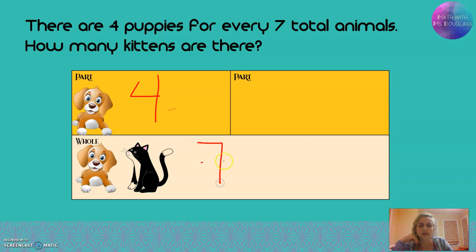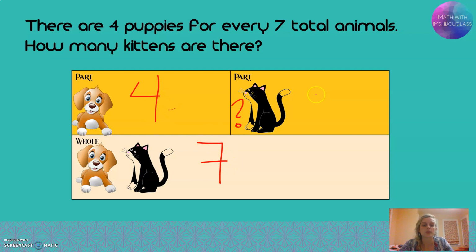Then I can think about how many of these are actually cats or kittens. The parts added together have to equal the total. So you can use the inverse of adding and say 7 minus 4 puppies. That must be 3 cats for every 4 puppies. So in using a part-to-whole relationship or a part-to-part relationship, you should be able to find that missing third piece of your ratio.